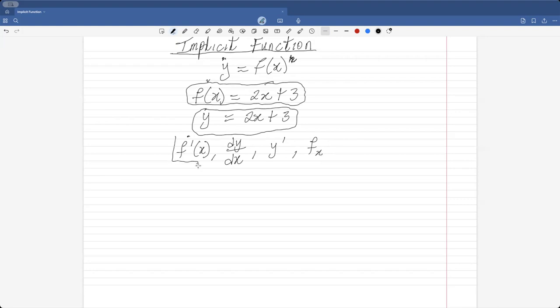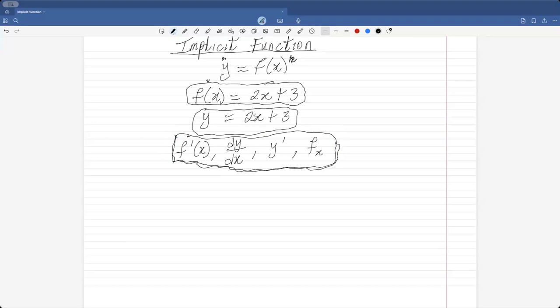All of these notations right here are the same when trying to differentiate a function. In other words, these notations are the same when trying to find the derivative of a function.